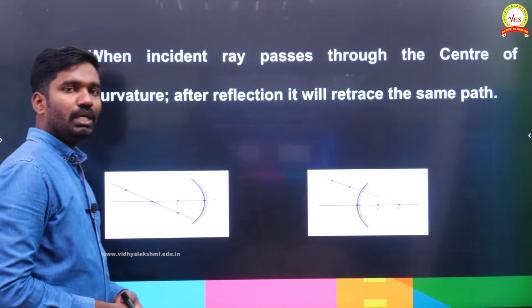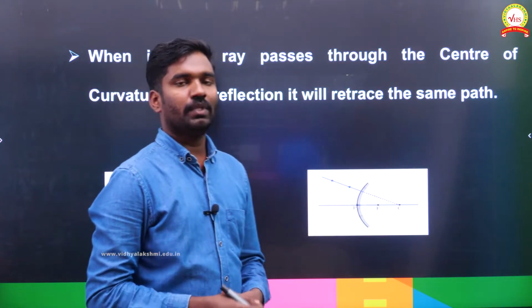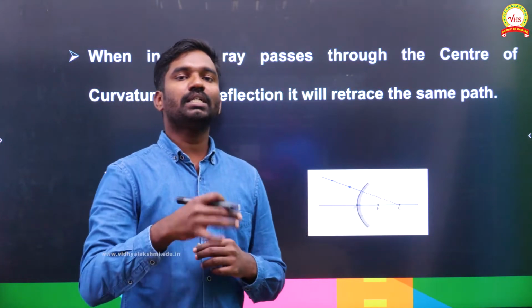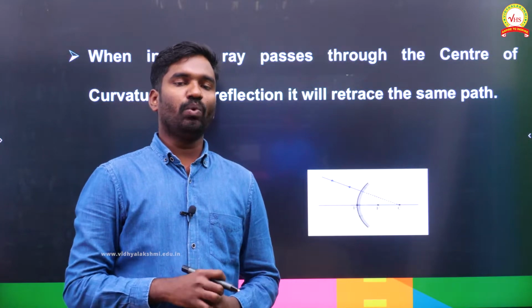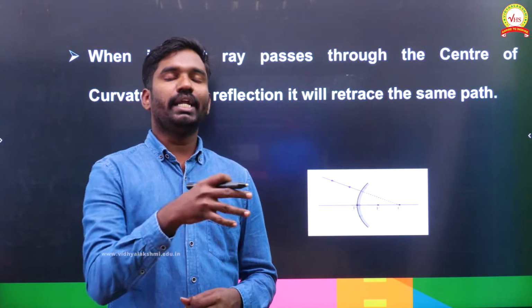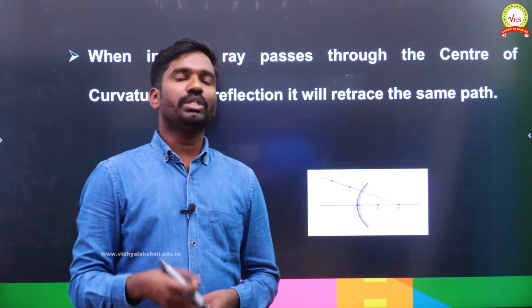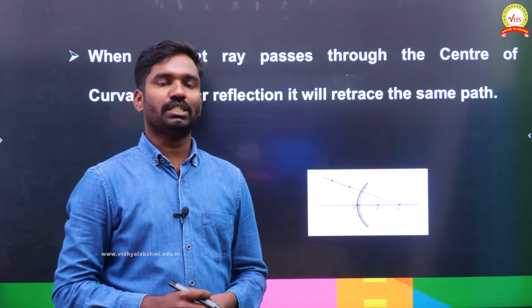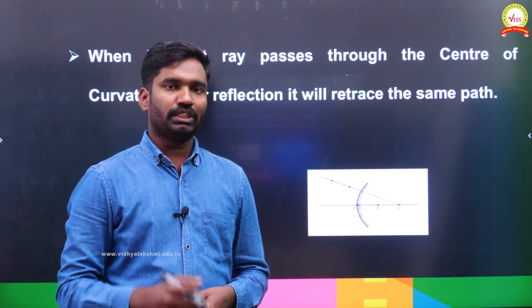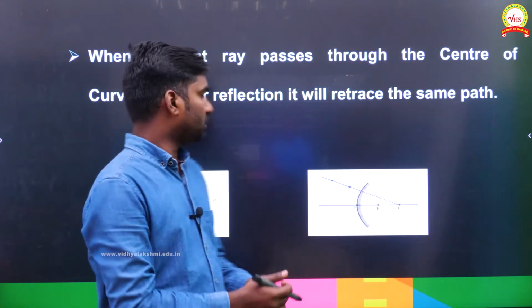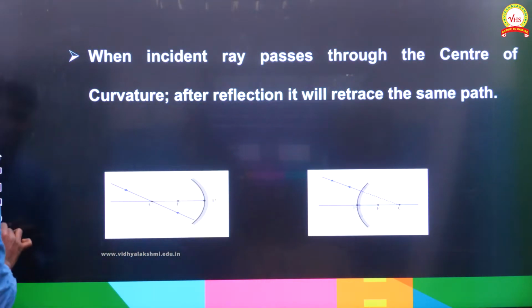And then rule number 3. What is rule 3? If the incident ray passes through the center of curvature, there won't be any deviation. It will just retrace the same path. As we saw in the plane mirror, whenever the incident ray passes through the normal, after reflection, it will retrace the same path. Same condition. Here the incident ray is passing through the normal.